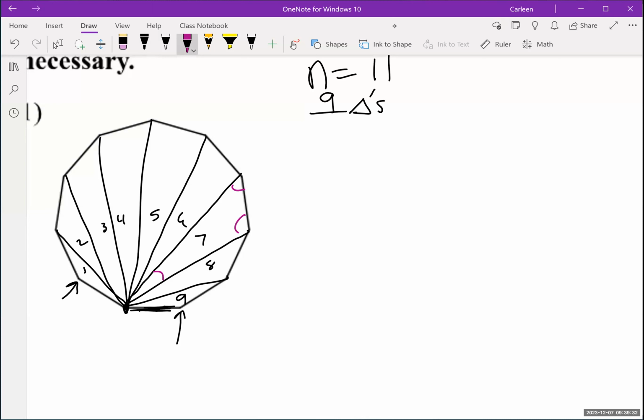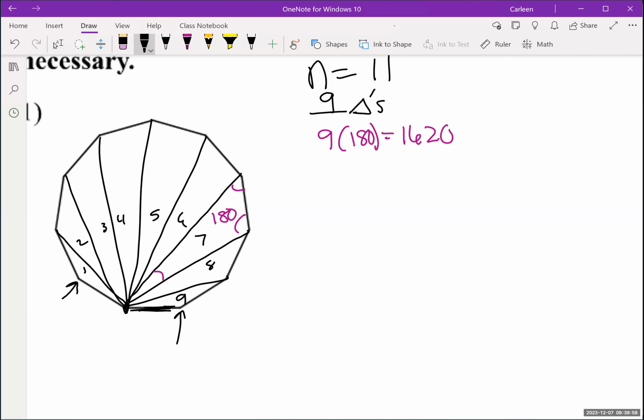Each one is 180. Okay, so I'm going to take 9 times 180, which will give me 1,620.